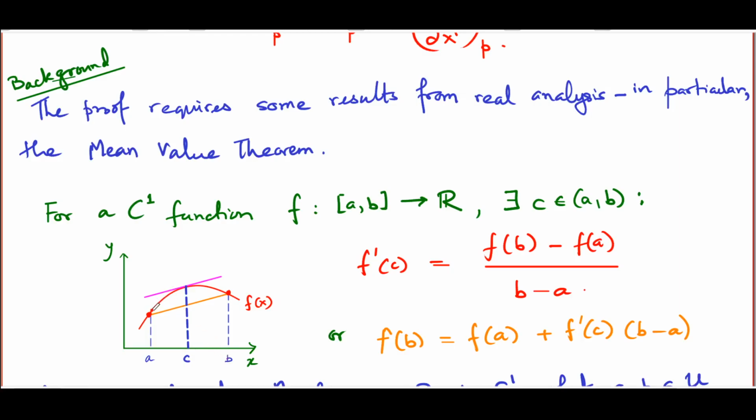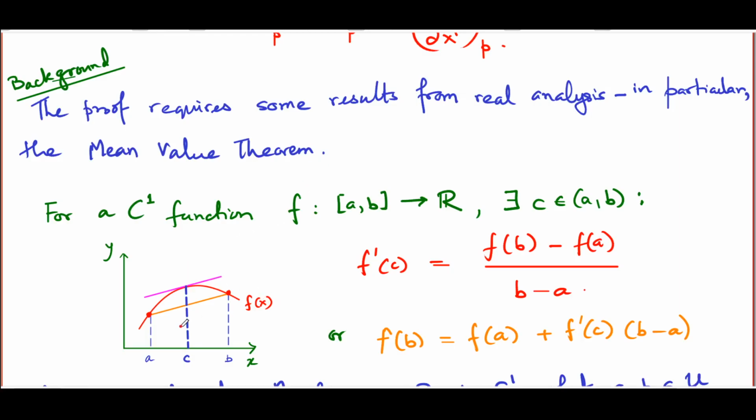And I know that the function f is defined at least in the closed interval between a and b. So f of a and f of b are also defined. Now this quantity f(b) minus f(a) by b minus a is nothing but the slope of this line which joins the two points a comma f(a) on this side and b comma f(b) on this side. So it's basically a line joining two points on the graph.